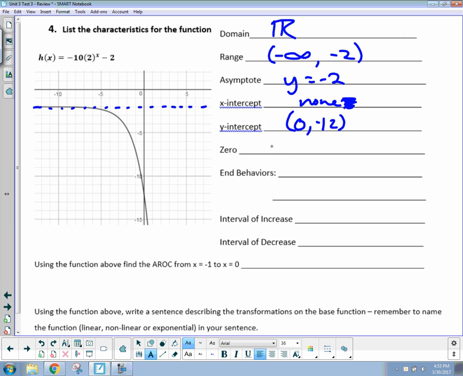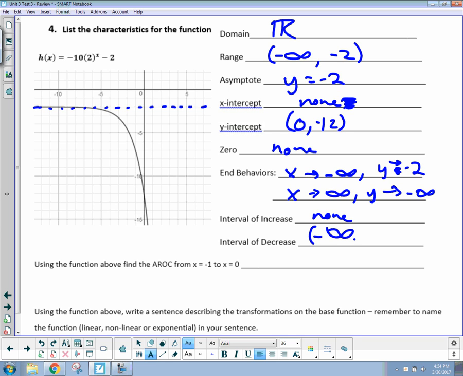As x is approaching negative infinity, y approaches negative 2, and as x approaches infinity, then y approaches negative infinity. That's supposed to be an arrow. All right, intervals of increase, again, none. Decrease, negative infinity to infinity.